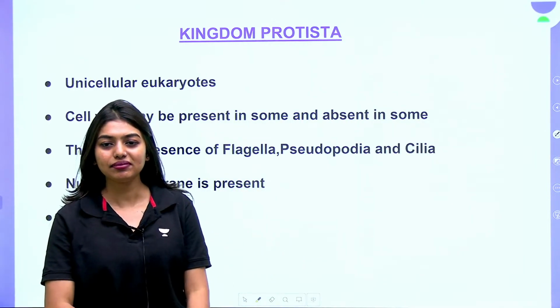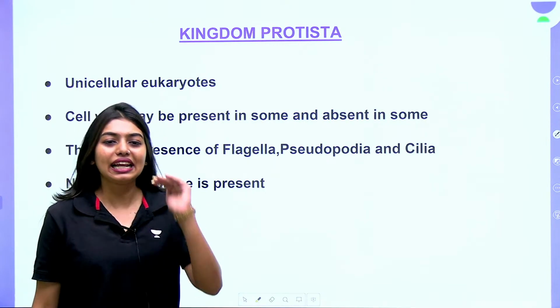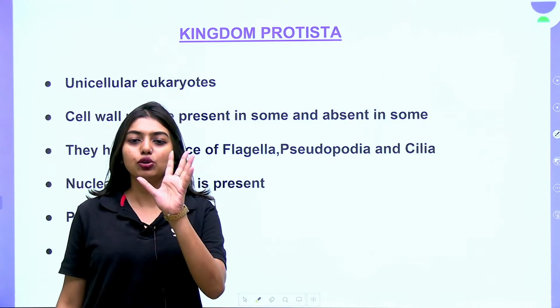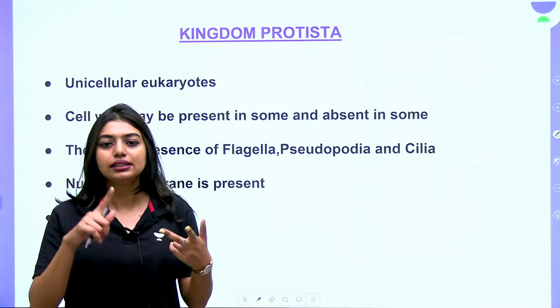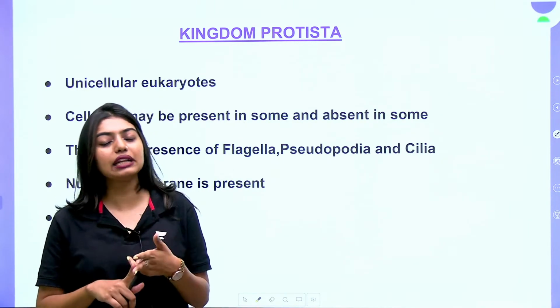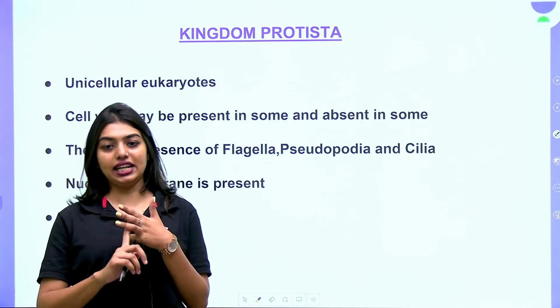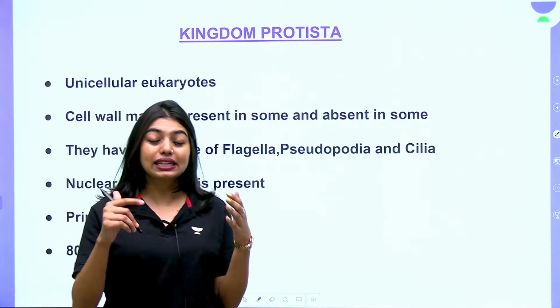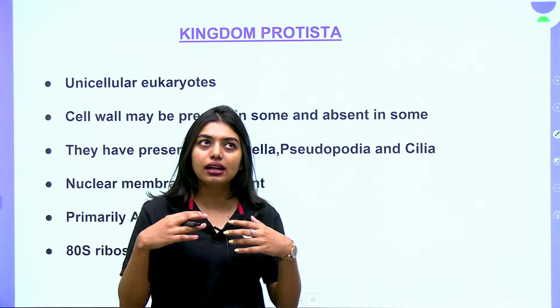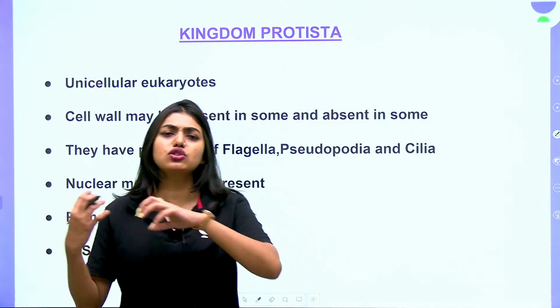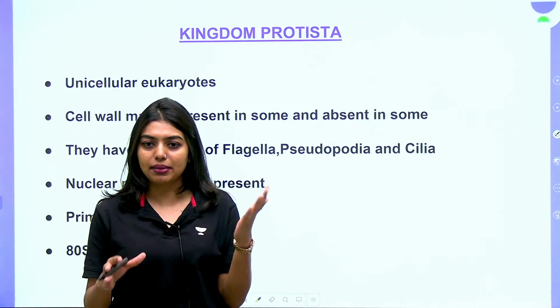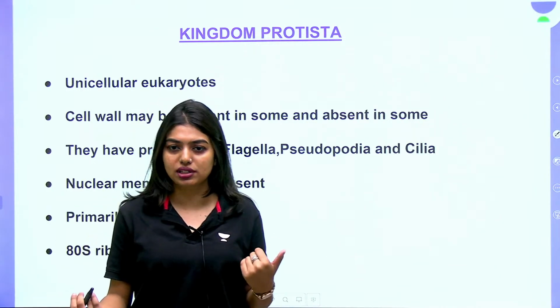Now, kingdom protista, you have to understand, it is a link between plant, animal and fungi. That is why it is a kingdom that is really messed up, because we have so many types coming under that, you will only be confused.